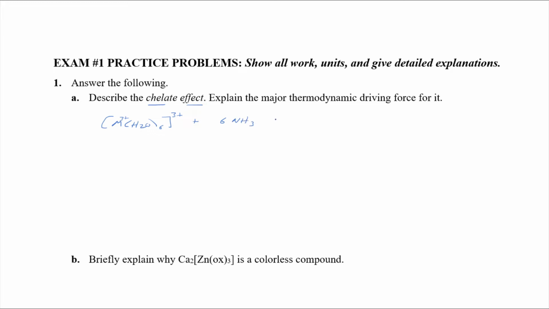Looking at the equilibrium, we get the same metal, since we did not do any redox chemistry, and all the aquas have been replaced with amines, so again a 3+ total charge, plus the 6 waters that were knocked off.